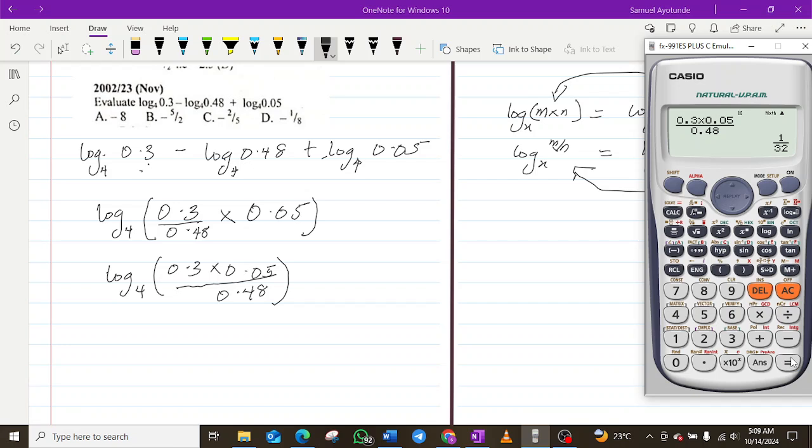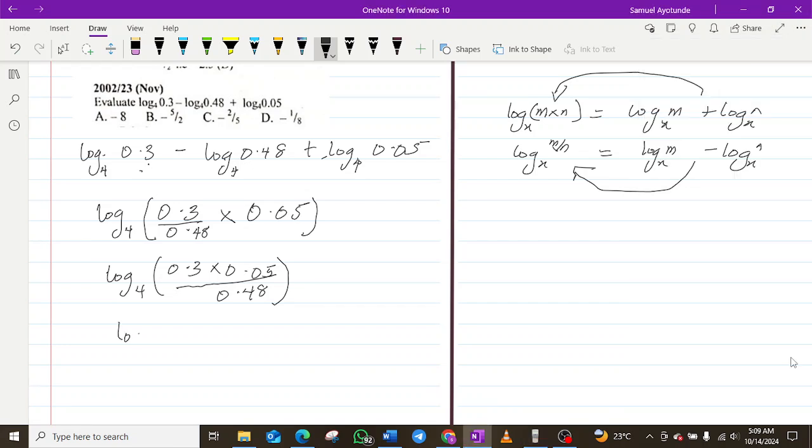So 1 over 32. So I have log base 4 of 1 over 32. And 1 over 32 is the same thing as 32 raised to the power minus 1. So log base 4 of 32 to the power of minus 1.